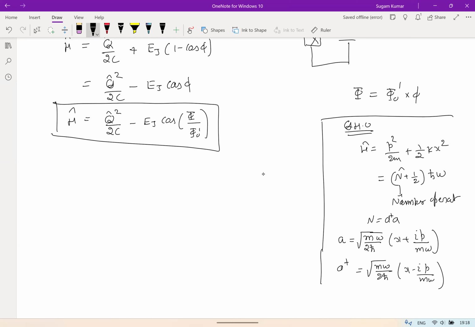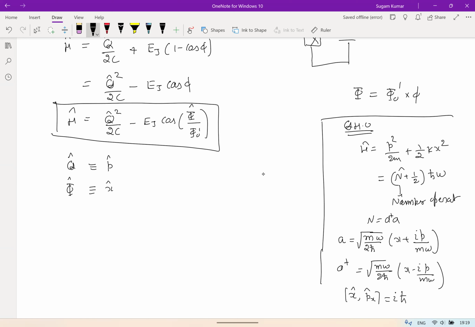So I will recommend you that since this Q is an operator equivalent to a P operator, and phi is also an operator equivalent to the X operator. And in this system, you know that the commutation relation of X and Px is how much? Iota h cut.